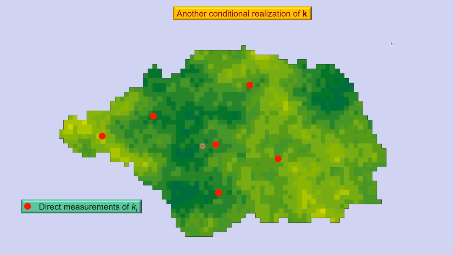Therefore, in all of these conditional realizations, there will be less variability in the vicinity of sample points than further afield, where the conditioning effect of the sampling is very small, or zero, by virtue of the fact that covariance runs out, becomes zero when the distance between 2 points is large.